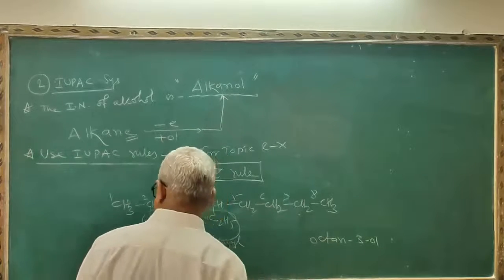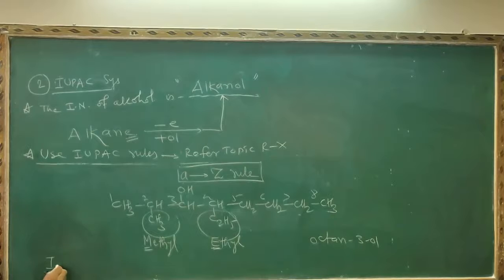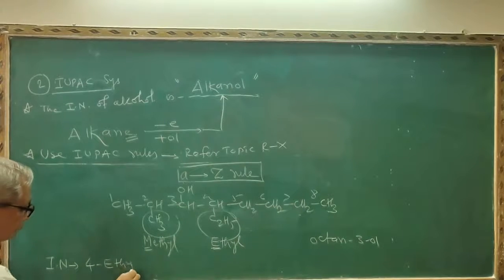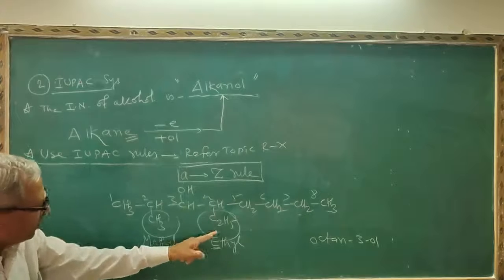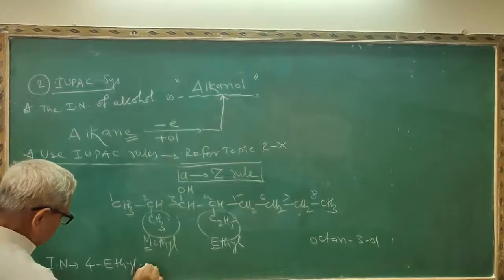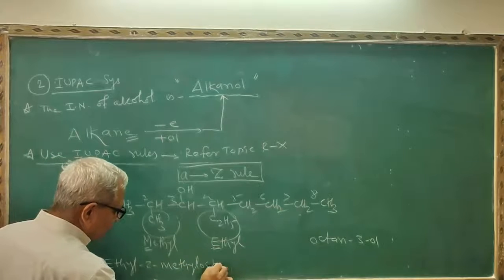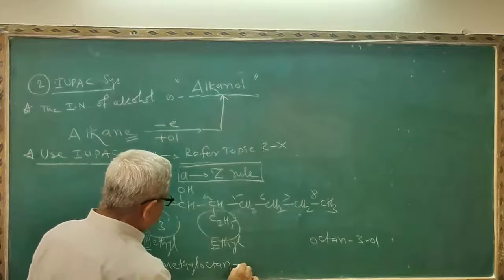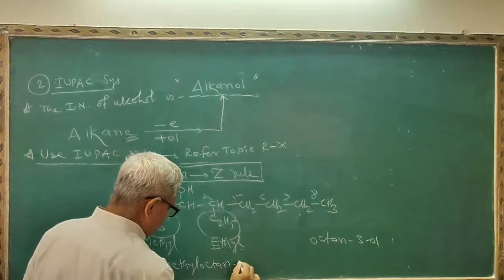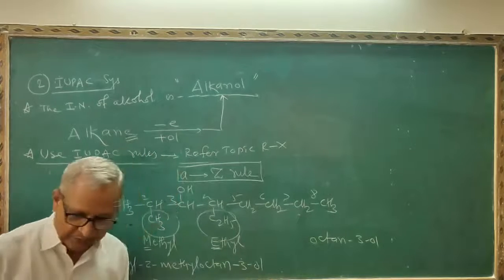So the complete IUPAC name of this molecule is 4-ethyl, on the carbon number 4, 2-methyl, on the carbon number 2, octane 3-OL. This is the complete IUPAC name.